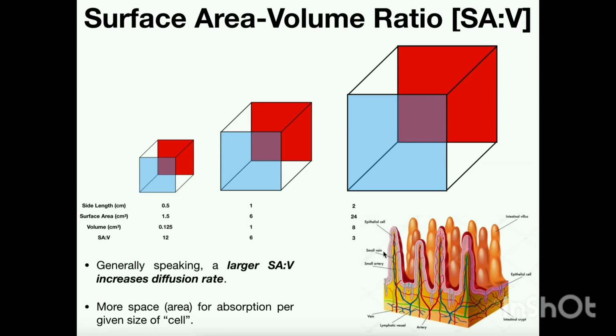But by having this go up and down with these finger projections that are actually called microvilli, as you'll see much later, this actually increases the surface area while not really appreciably changing the volume very much. Okay?